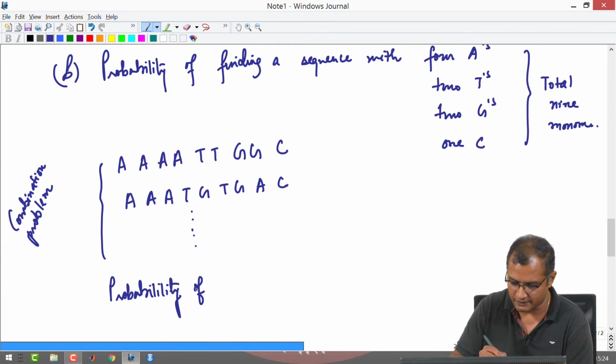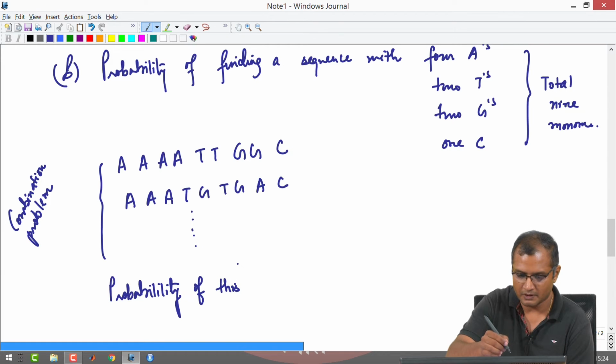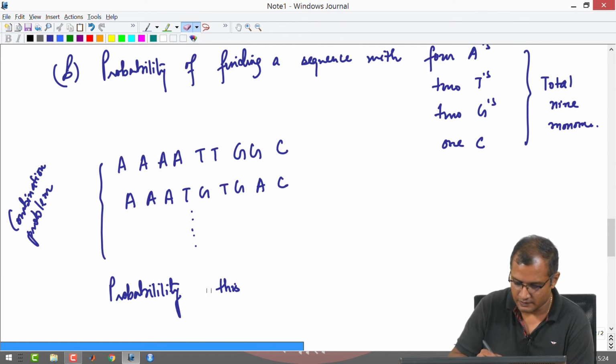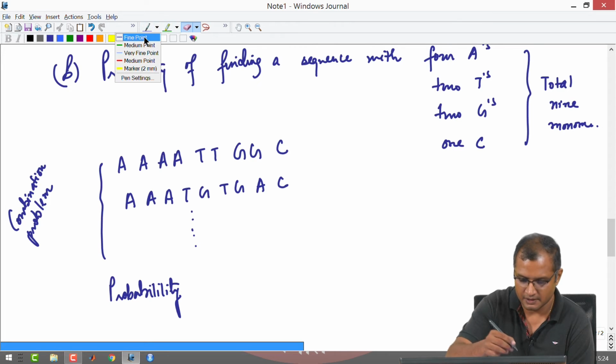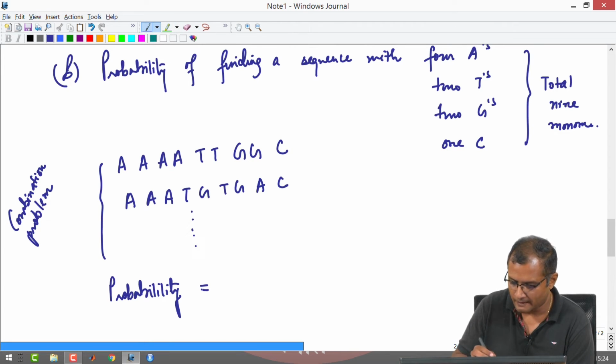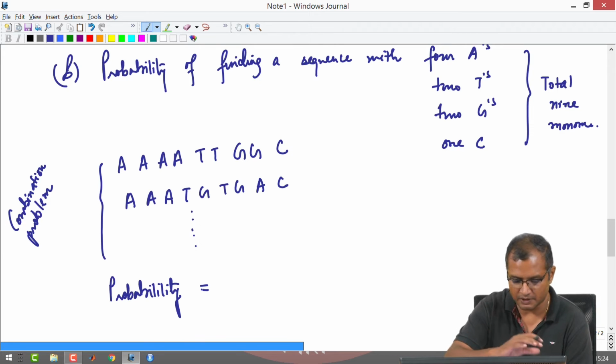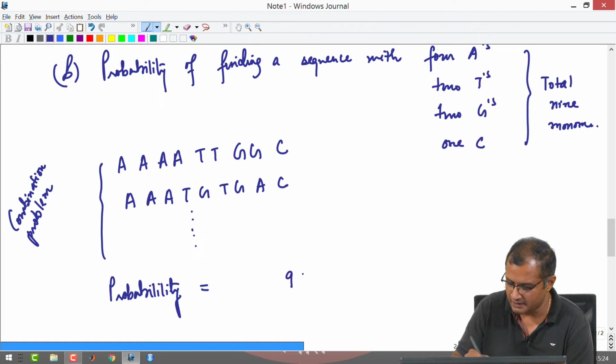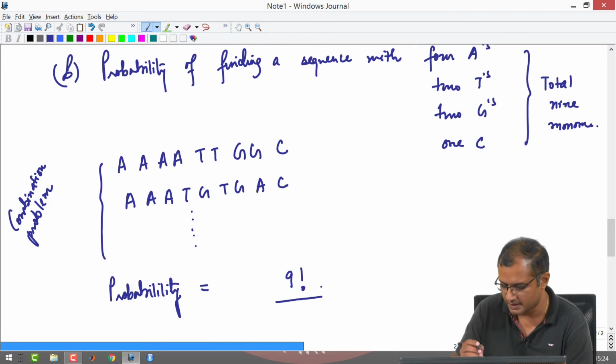So, the probability of this particular case is given as the number of possible combinations you can have, which would be, if you have 9 monomers, and this is a multinomial coefficient, where you can say that this is equal to 9 factorial divided by 4 factorial into 2 factorial into 2 factorial into 1 factorial. Okay.